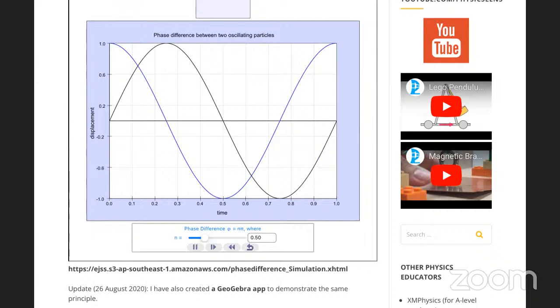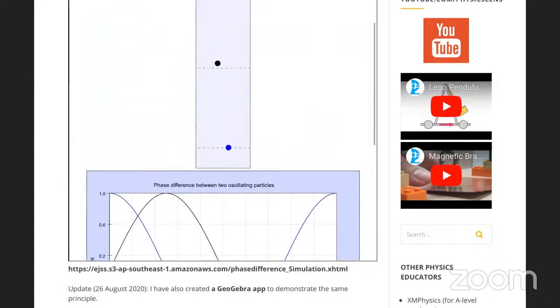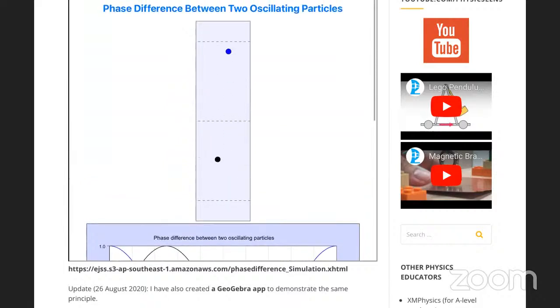So again, let's pick 2 points. Actually, I wanted to show you something. Who is leading, blue or black? I know we started a little late, but who is leading? Blue or black?